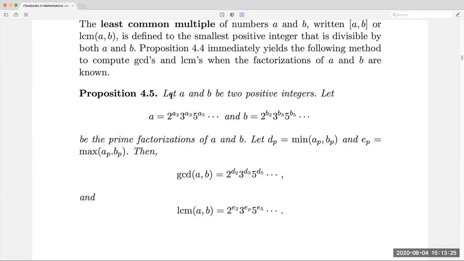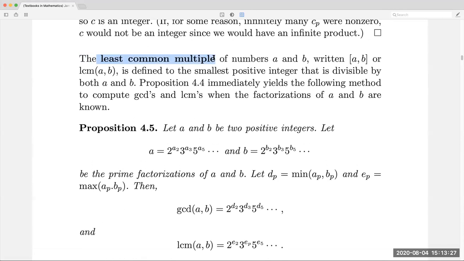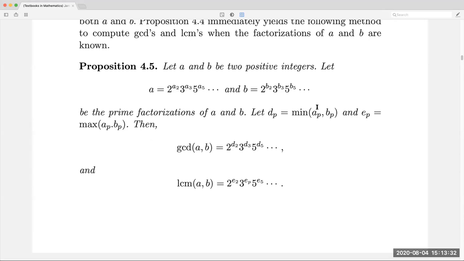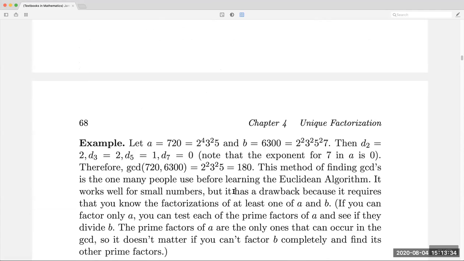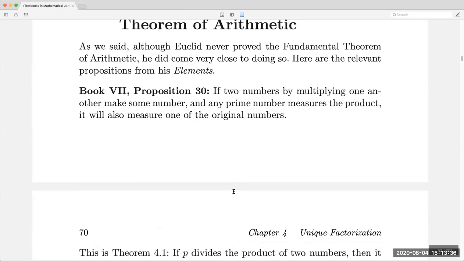And then another topic is least common multiple. I think we don't need to talk about this.